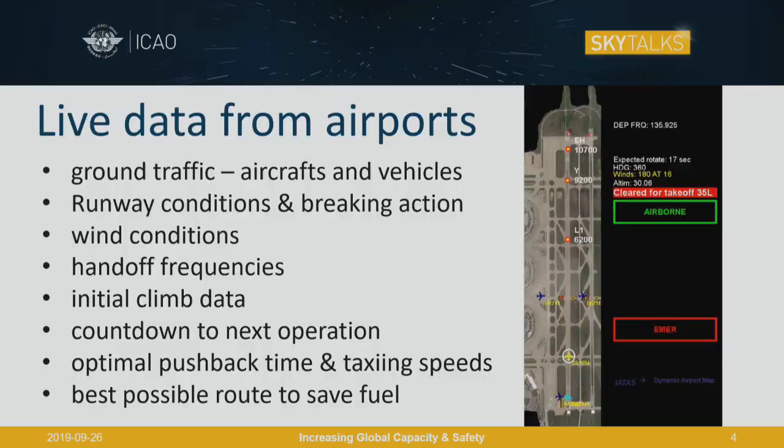As you can see on the slide, on the right-hand side, the aircraft itself, which is the own ship, your own aircraft as a pilot, you get to see all other traffic around you, including aircraft, vehicles, as well as all the conditions, the runway conditions, the braking action, and any of the operational parameters that you require for each of the flight phases.